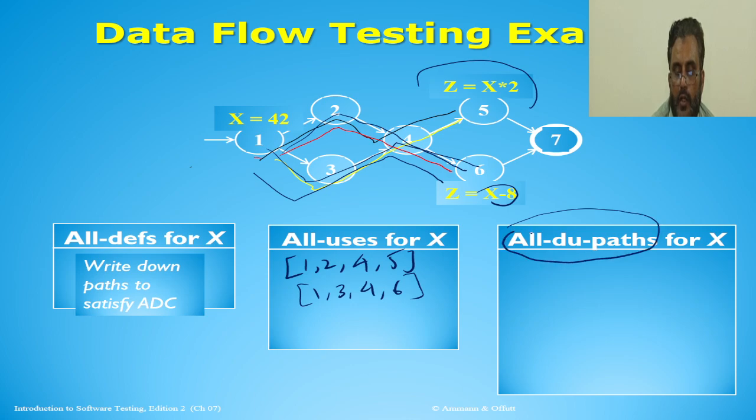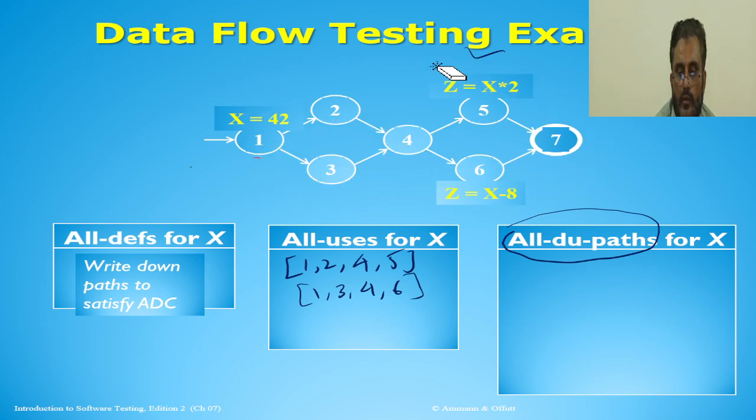And what happens in the case of all du-paths coverage? Here we cannot leave out any du-paths. Whatever du-paths are there that take us from this definition of x to the uses of x, we need to write all of those. So let's make use of the eraser and clear this, and now we can write again. In this case I have to write 1, 2, 4, 5, 1, 2, 4, and 6.